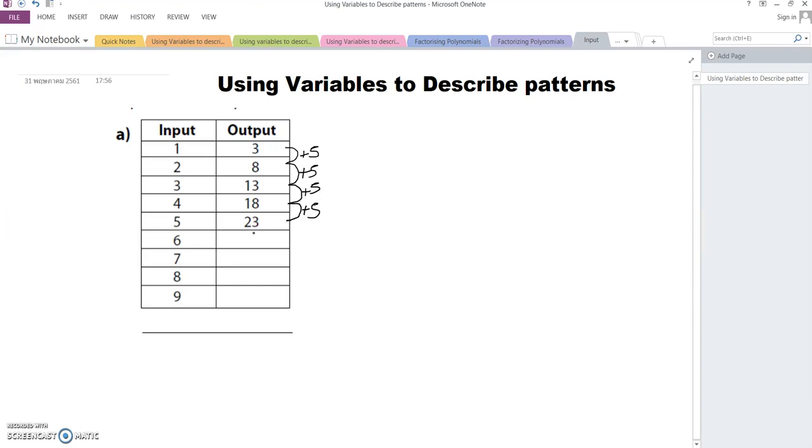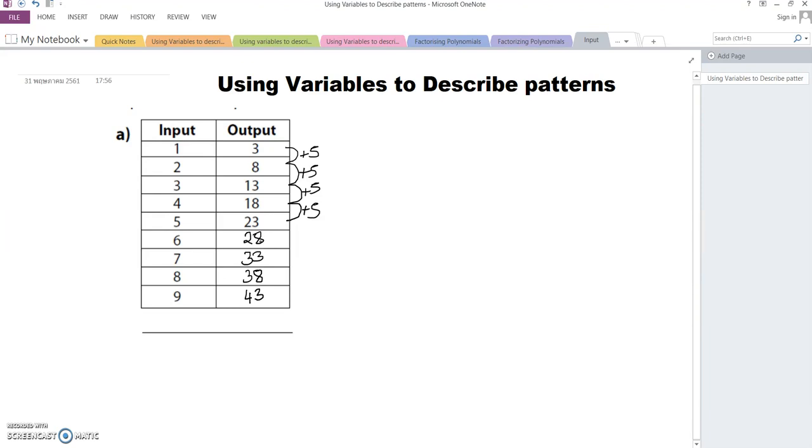So the next output, we have 3 plus 5, 8, 8 plus 5, 13, 13 plus 5, 18, 18 plus 5, 23, and the next output would be 23 plus 5 would give us 28, 28 plus 5 is 33, 33 plus 5 is 38, and 38 plus 5 is 43. So we have filled in the blanks now.